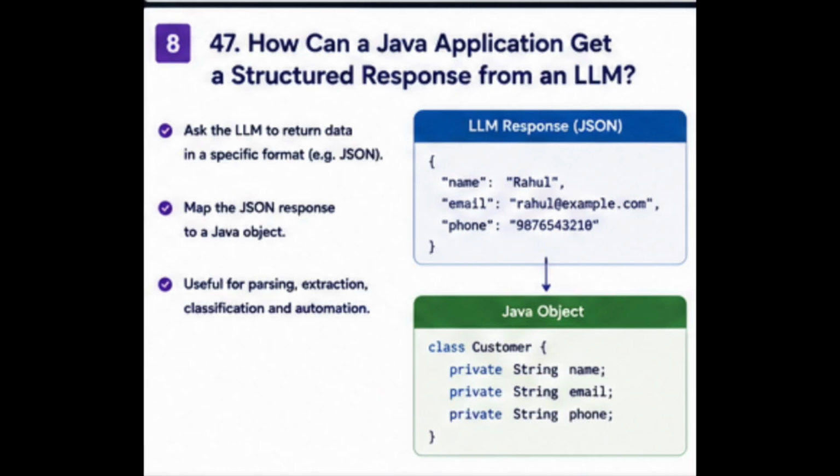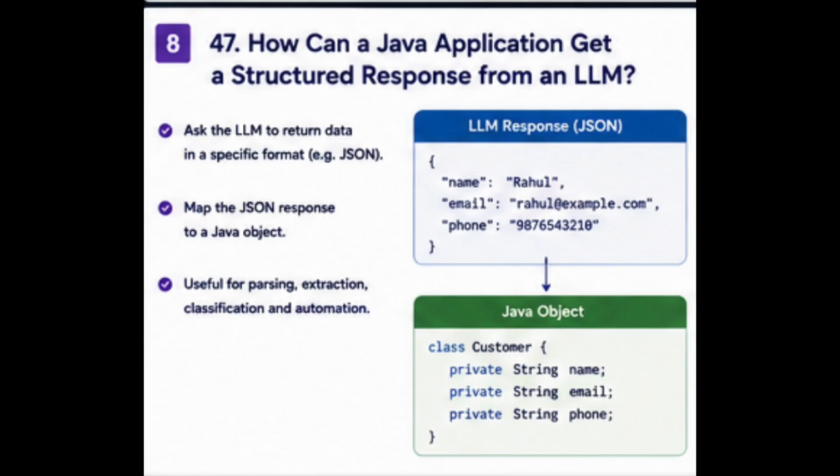How can a Java application get a structured response from an LLM? An AI model usually generates text, but many business applications need structured data. For example, suppose we want to extract customer details. Instead of receiving plain text, we may want a Java object. The flow can be user input to LLM to structured response, then a Java object.